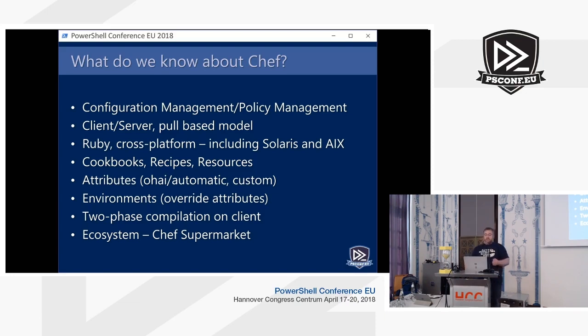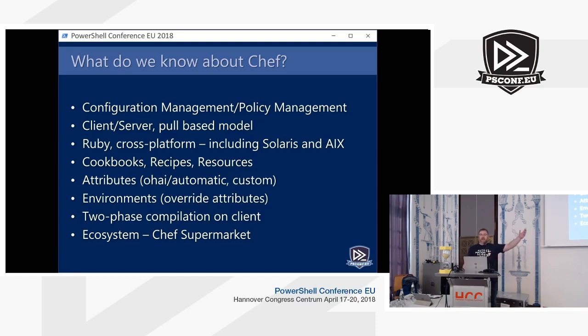On the client, we have what we call two-phase compilation, because there's no compilation done on the server. The server doesn't know what resources need to be executed on the client. We just distribute the whole payload in the form of the cookbook to the client and let it do the work. And that work is in two phases.